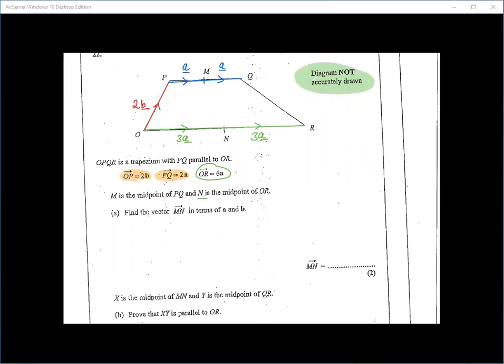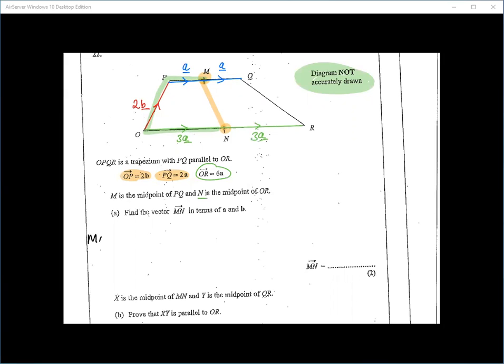He wants us to work out M to N. So we're starting here and we're finishing here. Now, how do I go from M to N? Give me a route, because at the moment I don't know how to get M to N directly. M to P, P to O, O to N. Fantastic. Let's write that down exactly like that.